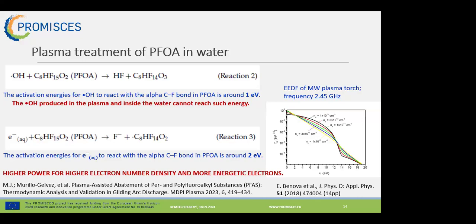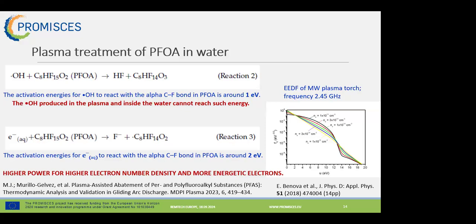Here I have presented the results from the electron energy distribution function of our modeling. What you can see is that 2 eV, or something above 2 eV, is quite common for the plasma.